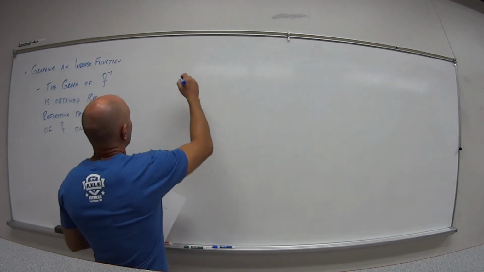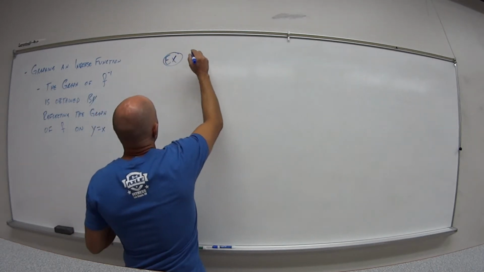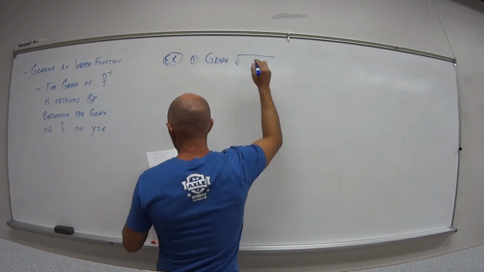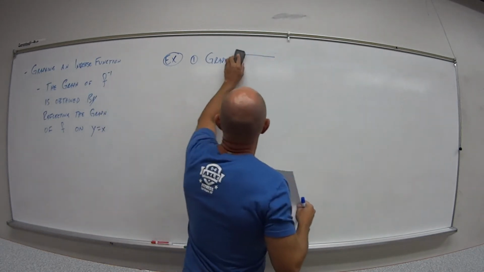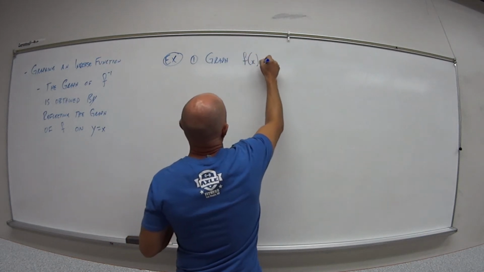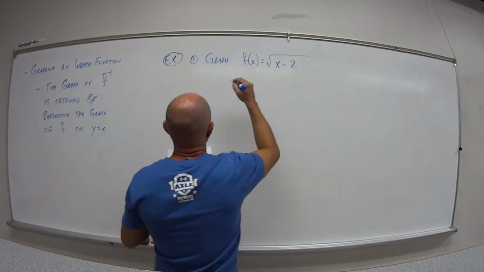So let's look at an example of that. In this example, we want to graph the square root. Now let me put f of x is equal to the square root of x minus 2.